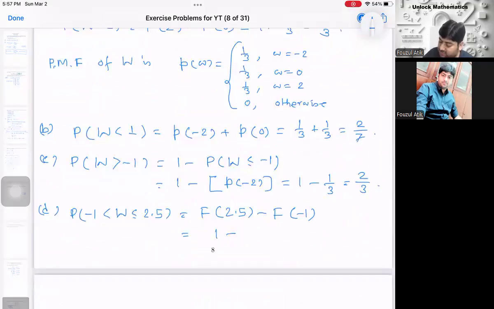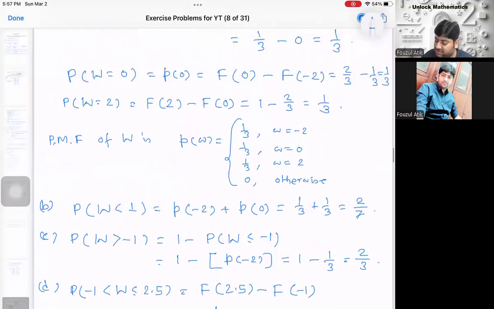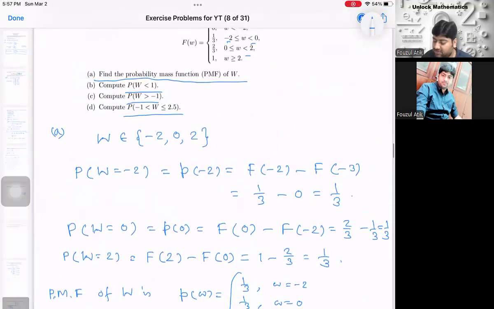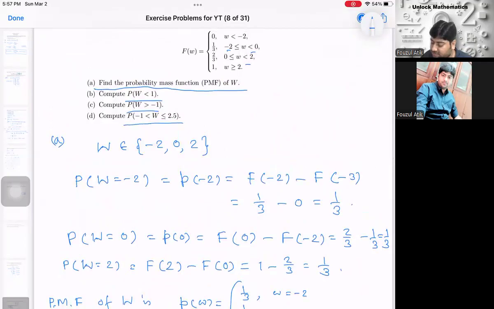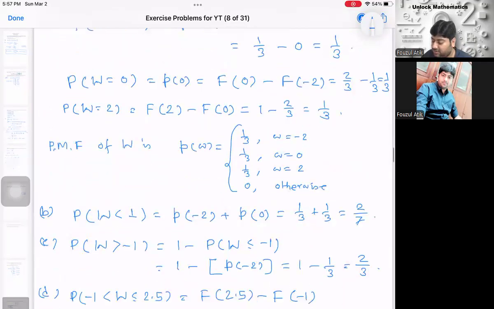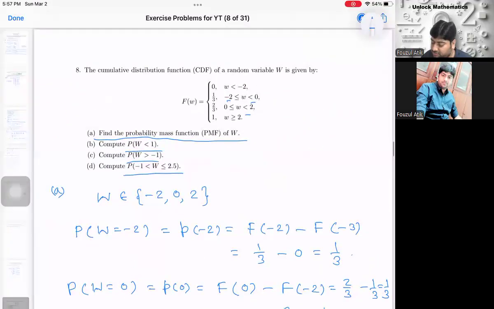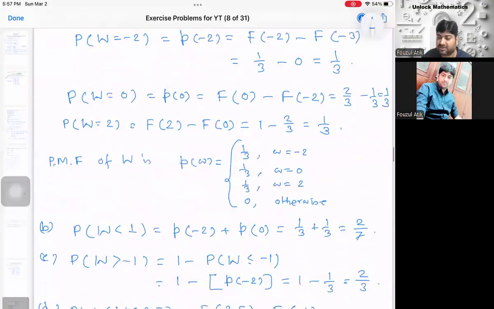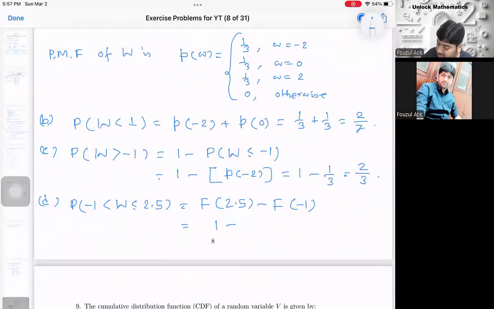Minus f of -1, probability up to -1, so it will take the value up to -2 only. So it is 1 by 3. So you can do it in this way, which gives 2 by 3.